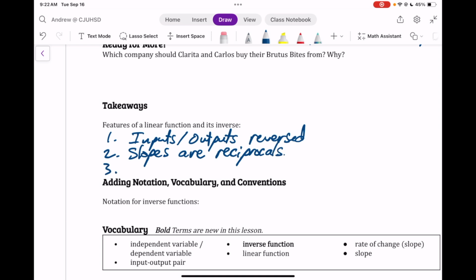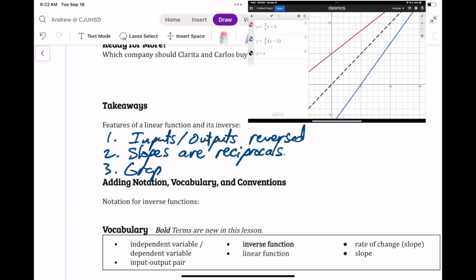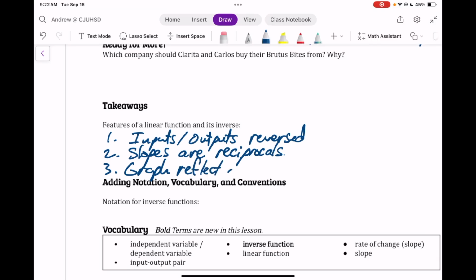And number 3, graphs reflect over y equals x. And I'll drop an image of that onto the video when I'm doing the editing.